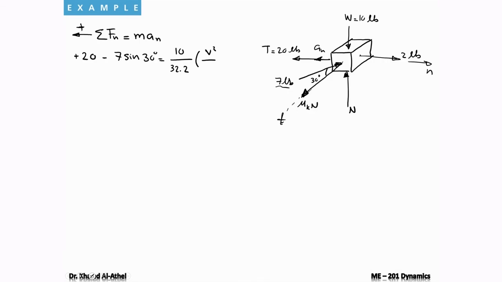So it's V square over 4. Everything is known except the velocity, so this gives me that the velocity equals 13.67 feet per second.